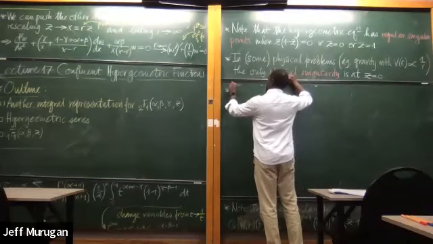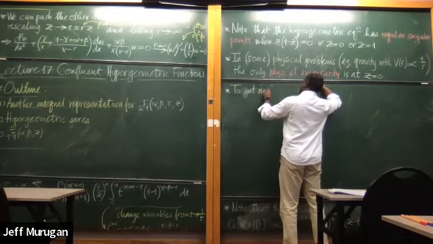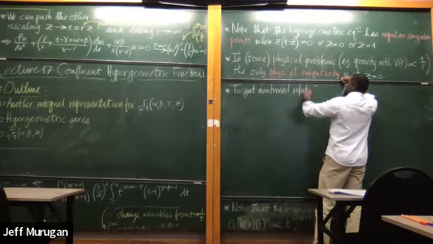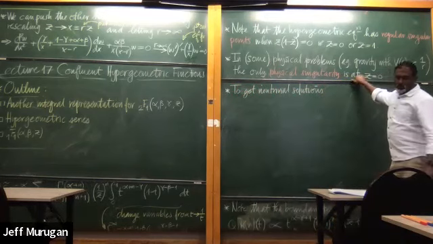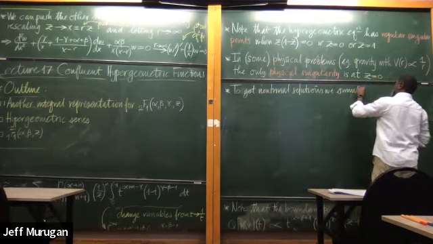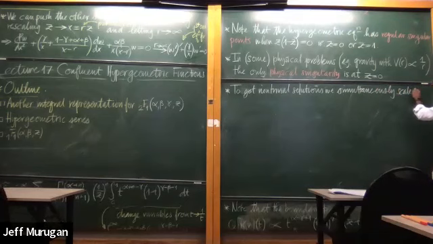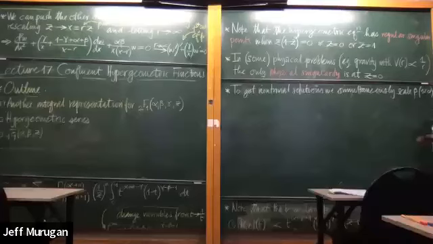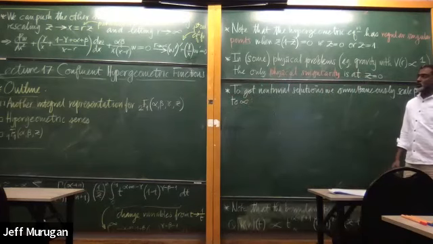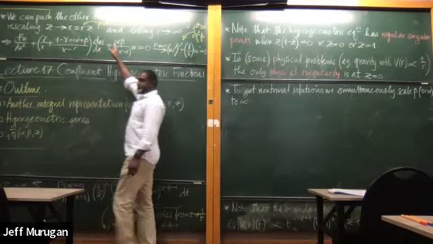To get non-trivial solutions, we simultaneously scale beta, and also do this with alpha. So as we scale z to rz, I want to take r to infinity.